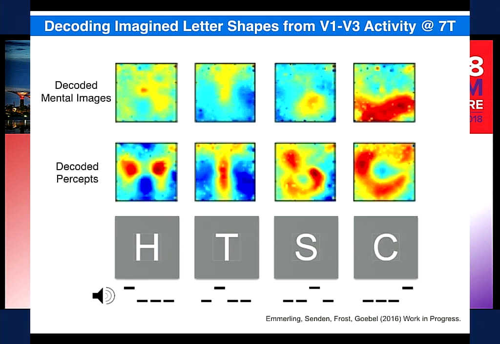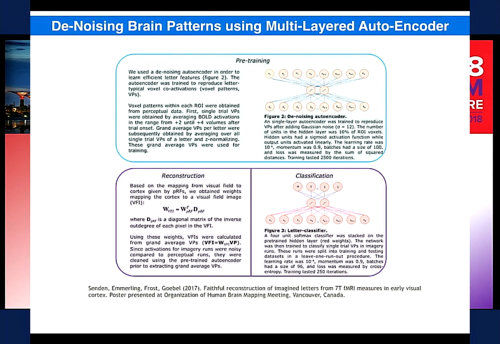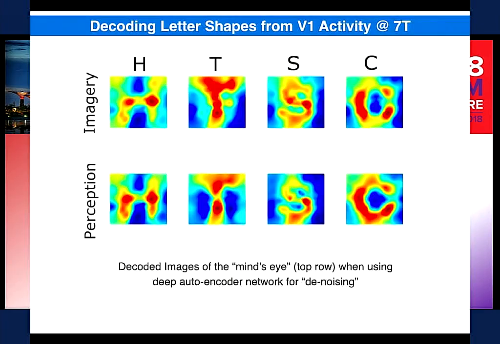And then when people imagine that, we let such an autoencoder reconstruct or denoise the representations during the mental imagery, so they get more similar to the ones of the seen ones before. And if we do that, we get also from the imagery readable letter shapes, especially from the curved ones. So that's now what we can reconstruct when people imagine letter shapes, and they look really readable.